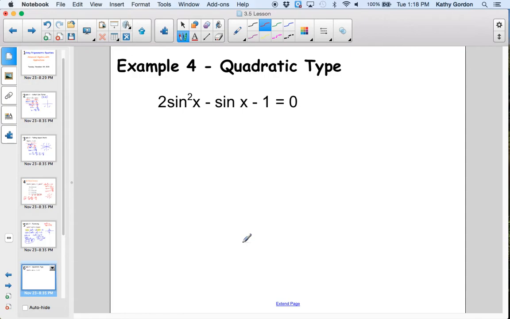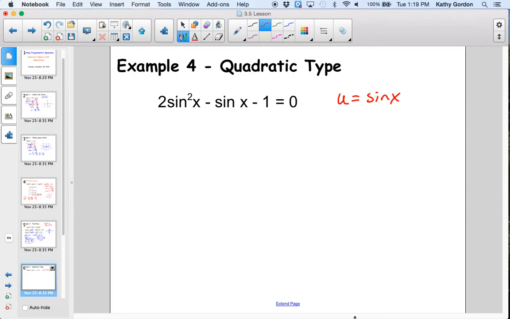So, this is another great place to use u substitution. I think we talked about this a little bit before, where if something kind of looks like something you know how to do, but not quite, we can do the substitution to make it look easier.